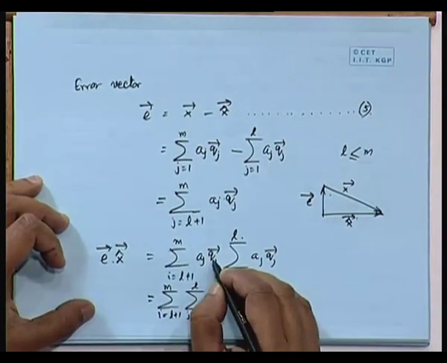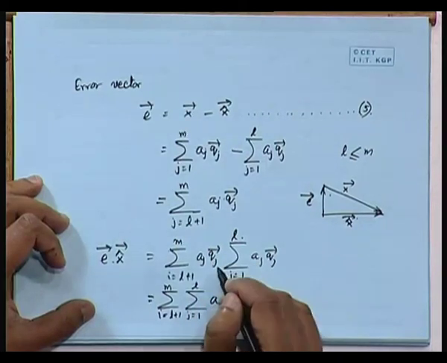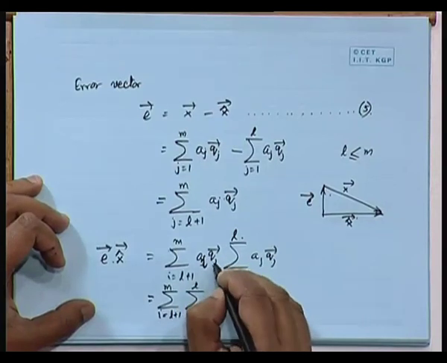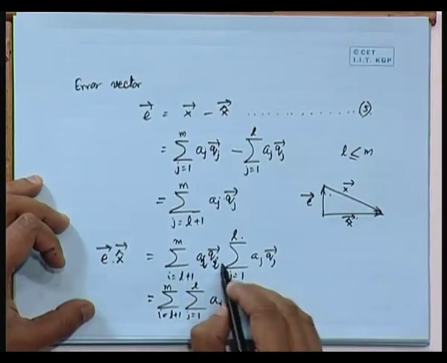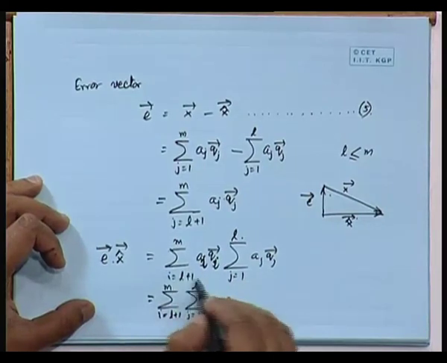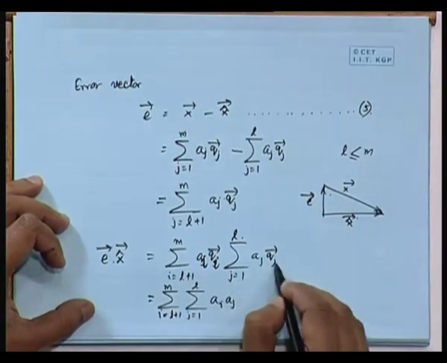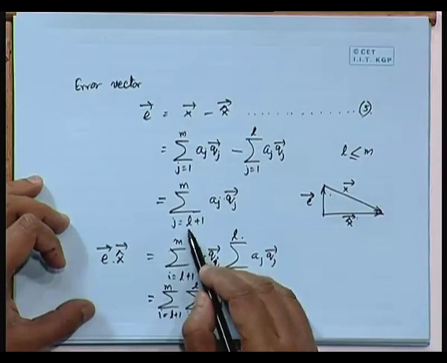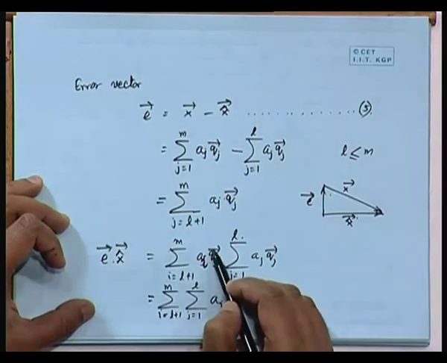I am taking this summation, and the ai, aj remain as they are. And from here, oh, this one I have made wrong. You did not point it out. This is ai qi, because here I have chosen the index to be i, and here I have chosen the index to be j. Although I substituted, I should have written the index as i.